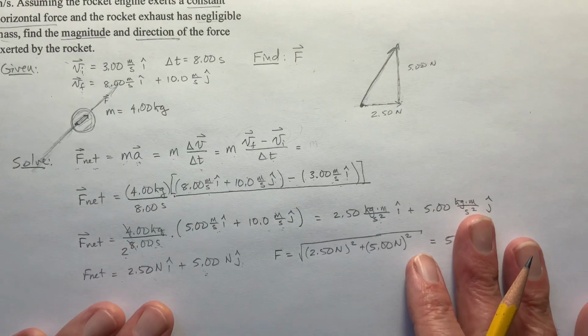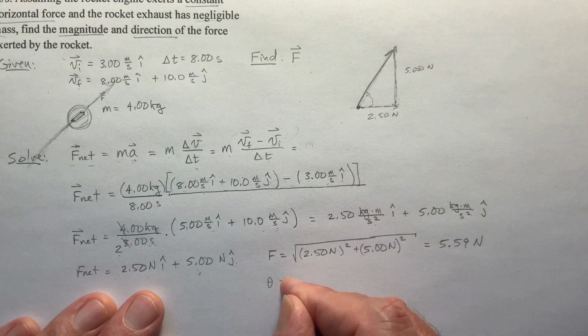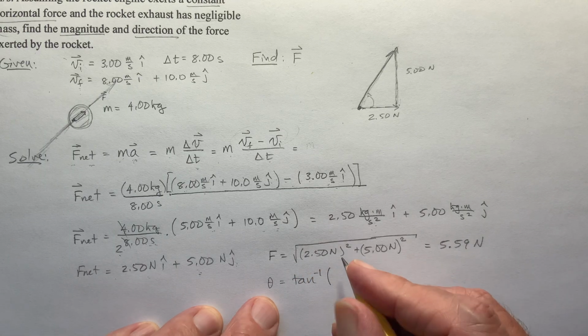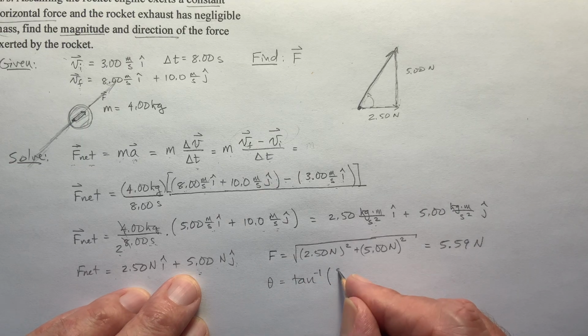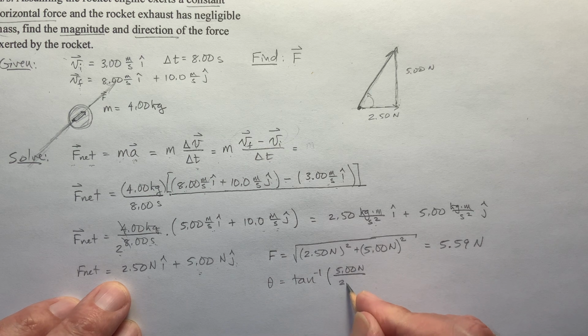Now, let's find the direction, and that's just from here. We're going to have the inverse tangent of the y component, which is 5, divided by the x component.